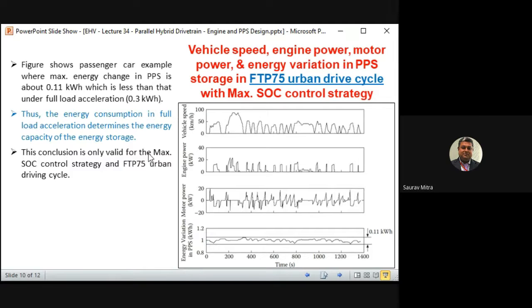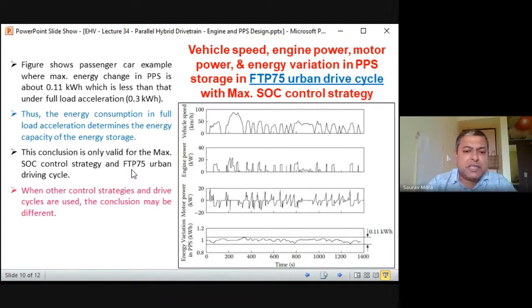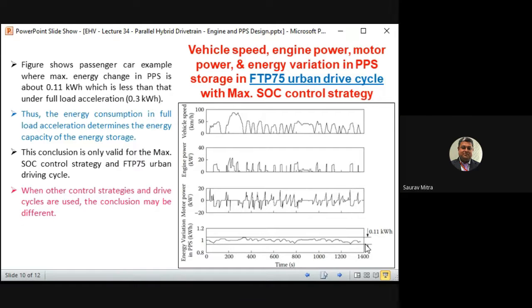This conclusion is only valid for the max SOC control strategy for the FTP75 urban driving cycle. When other control strategies and drive cycles are used, this conclusion may be different. Okay, so it's a comparison between the previous graph and this present graph only for the PPS. So 0.3 is the maximum required for acceleration, and it can sustain 0.11 without any kind of problem.